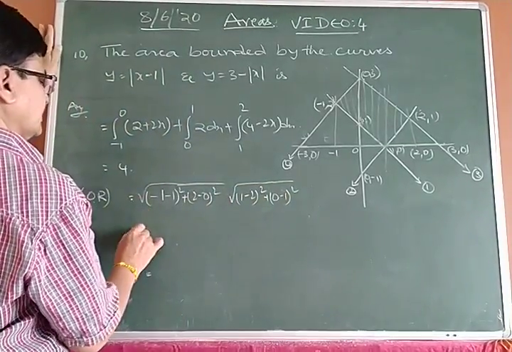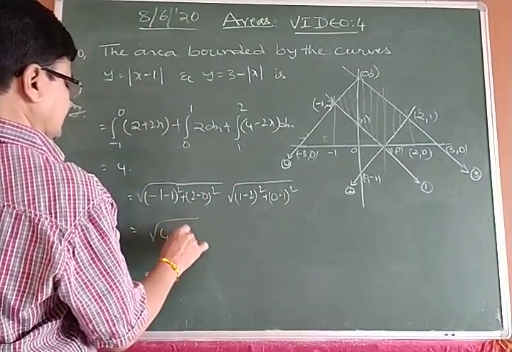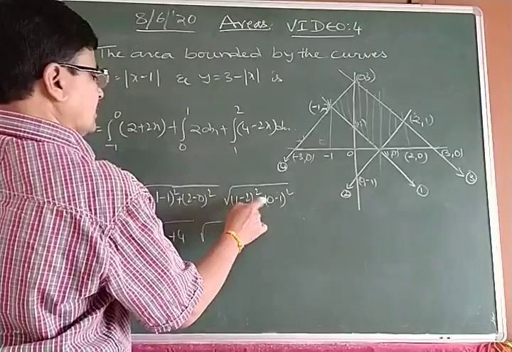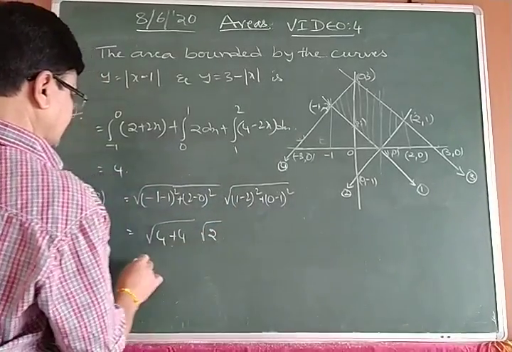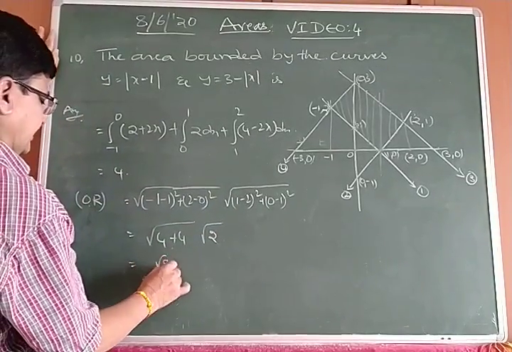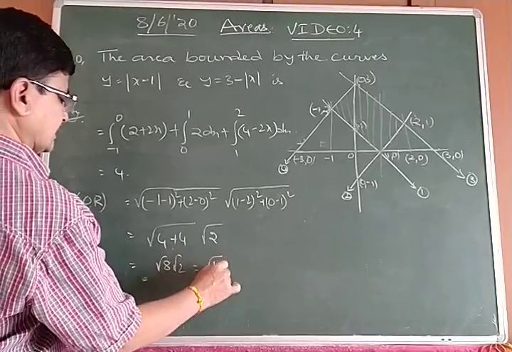Now this is square root of 4 plus 4 into root of 1 plus 1, that is 2 root 2. That is equal to root 8 into root 2, which is root 16, equal to 4.